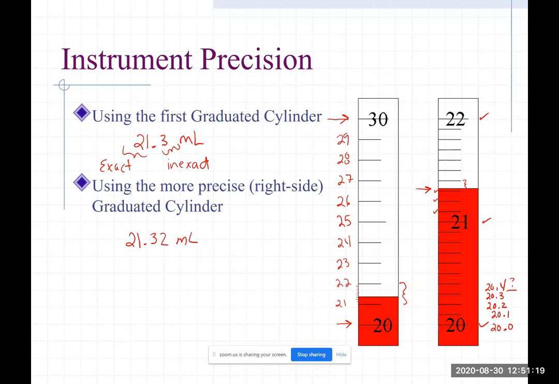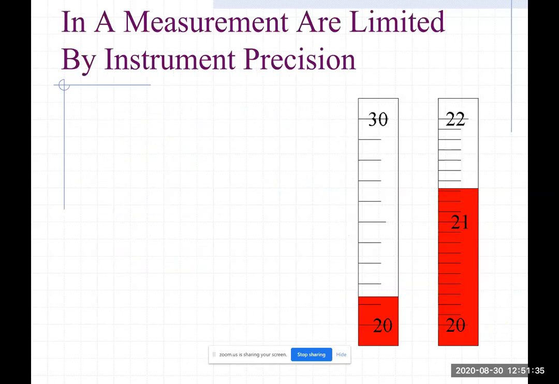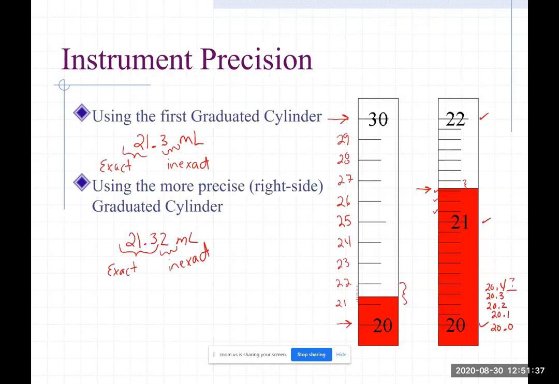And again, now we're looking at these three digits being exact, and this one digit here being inexact. So we're always going to have only one digit that's inexact, and that will be the last digit that we record.